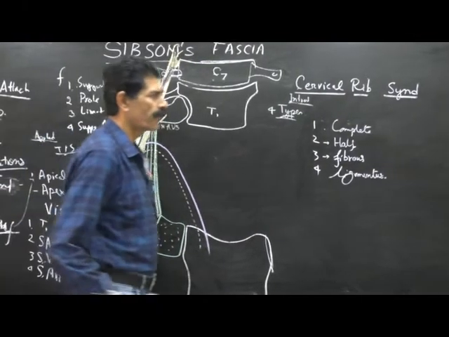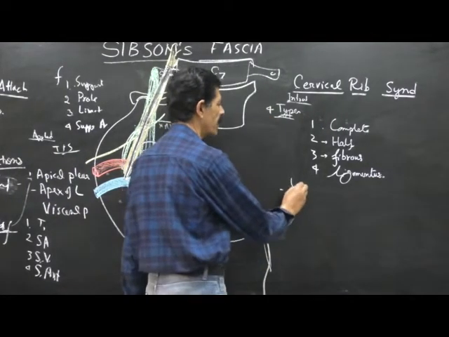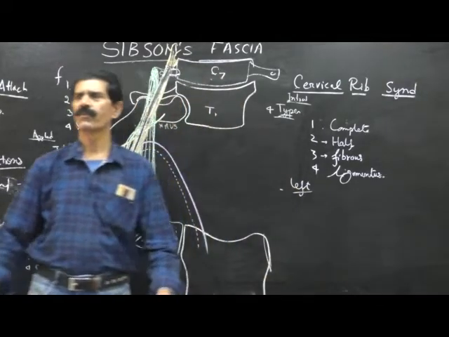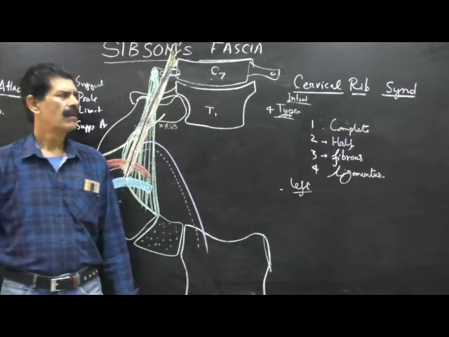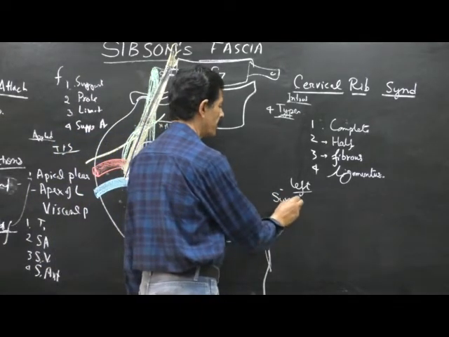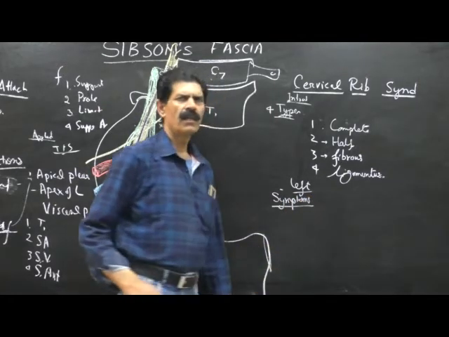Now it may be bilateral or unilateral; usually it is found on the left side. Most common in the left. And if it is with symptoms, what symptoms can it produce? How is it diagnosed?